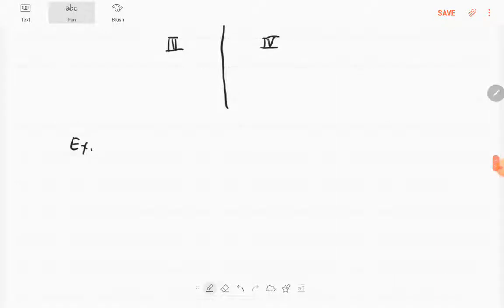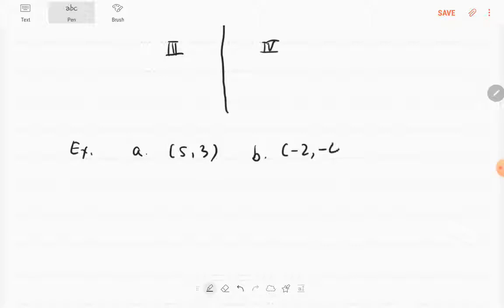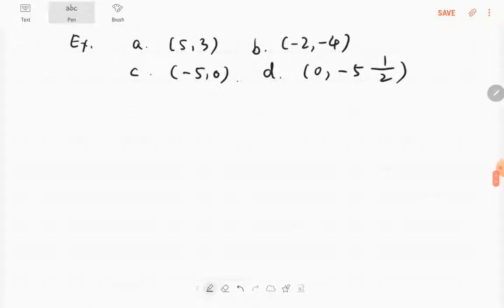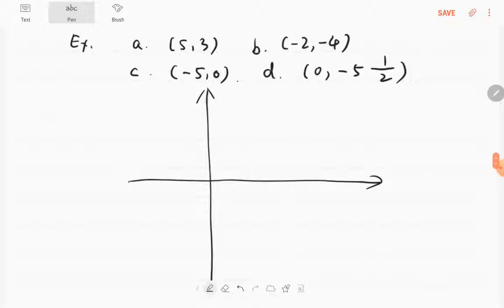So in a coordinate system, we want to plot, for example, a coordinate.